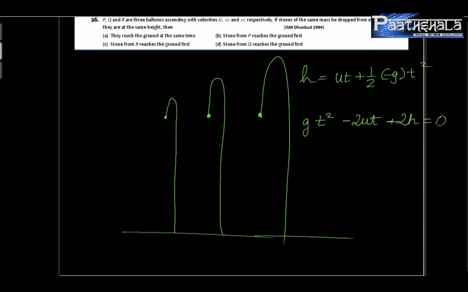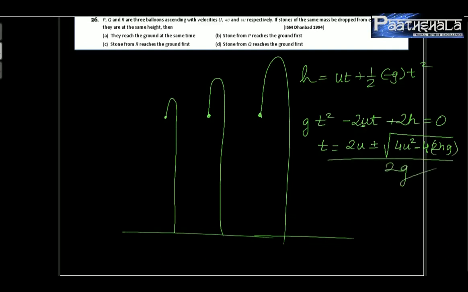Which time is going to be least, they are asking. Okay, so the value of t depends upon the value of u in this manner: 2u plus minus under root b square minus 4ac, right? 4u square minus 4 times 2hg, upon 2g.